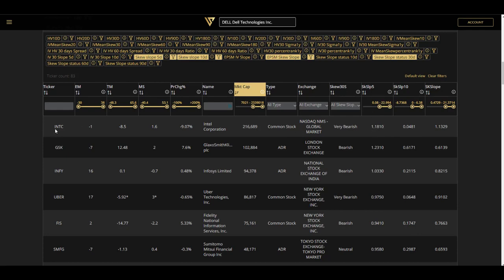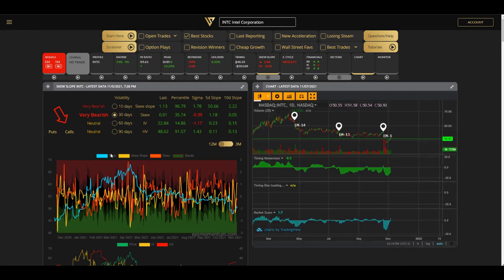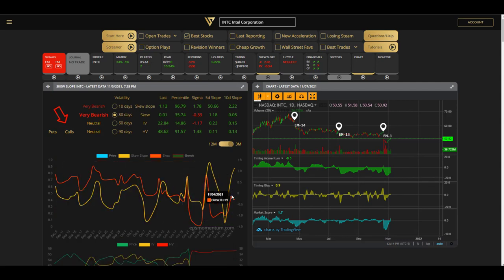So I click on Intel, and the skew slope is going higher. Let's remove the bands. Let's go over 3 months. So the skew slope is going higher. See the yellow shooting up? Why? Because the skew slope is going higher there. So the skew is deteriorating. This is a bearish sign because the skew is shooting up.